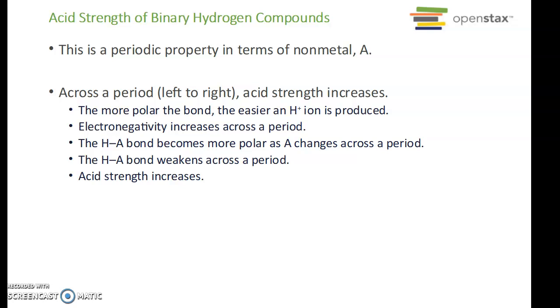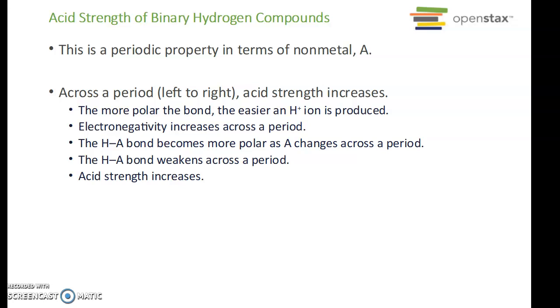Likewise, consider the periodic property of a nonmetal A. As you go across a period from left to right, the acid strength increases. The more polar the bond, the easier it is for a hydrogen ion to be produced. This is all based upon that table we had before on electronegativity, because electronegativity increases as you go across the period.